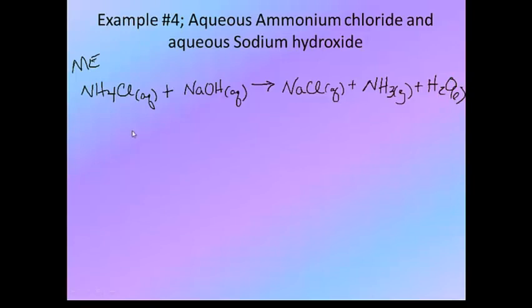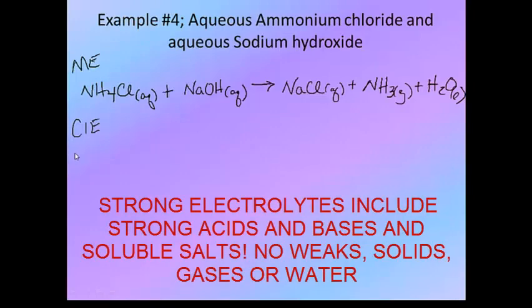And it's balanced, so my complete ionic equation is separating the strong electrolytes. Ammonium chloride is a soluble salt based on the solubility rules. Sodium hydroxide is a strong base, so it is a strong electrolyte.